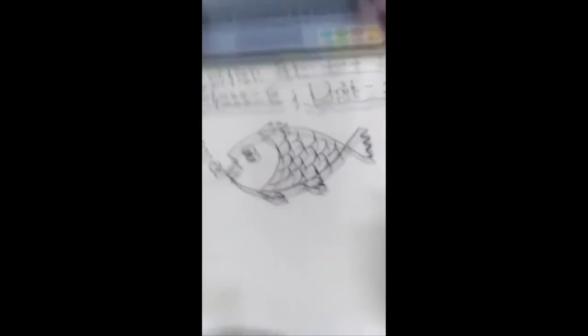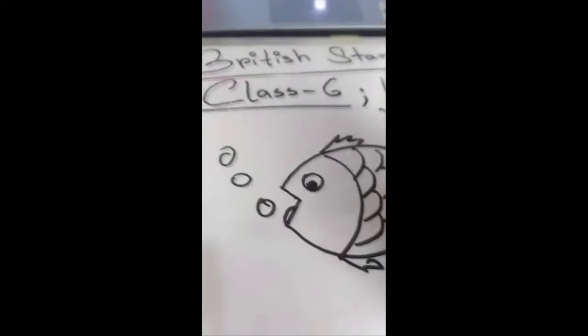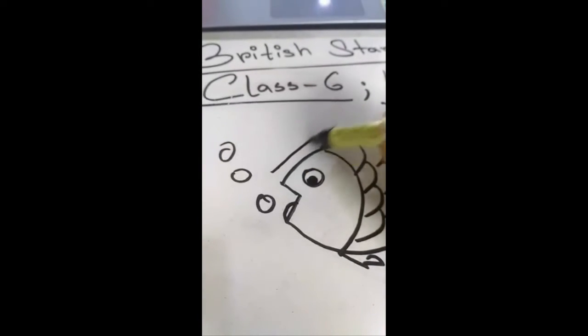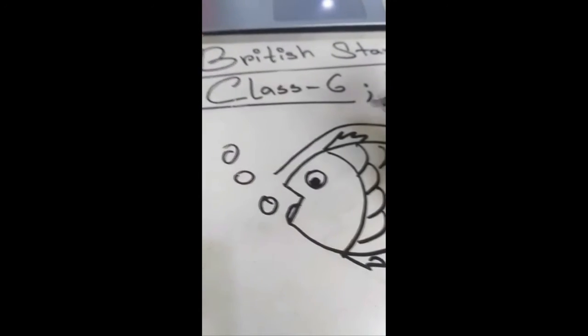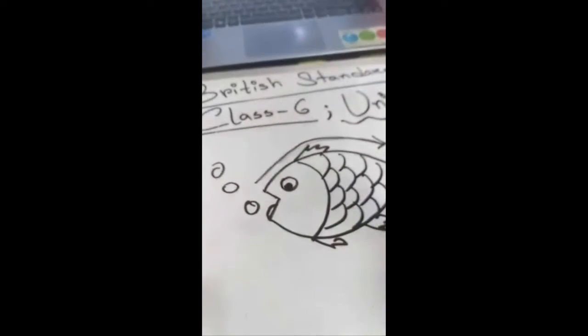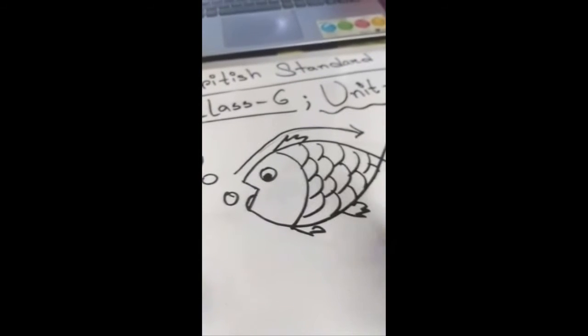Okay, so let's start. A fish has what? A streamlined shape. This smooth shape is called what? A streamlined shape.